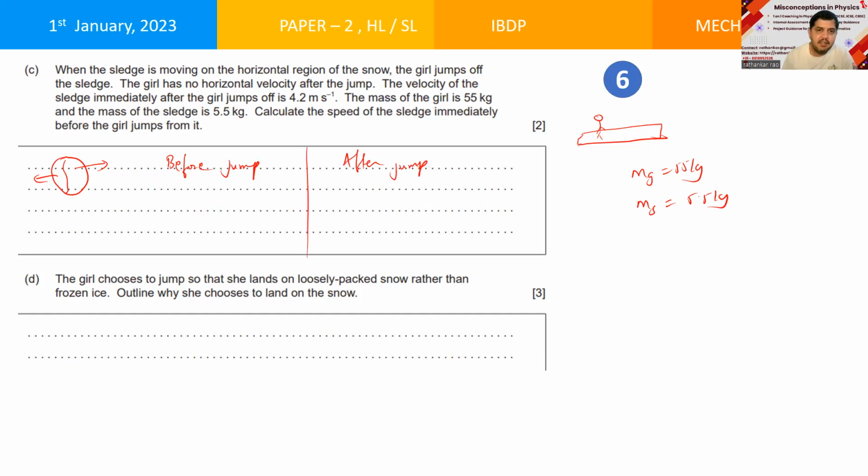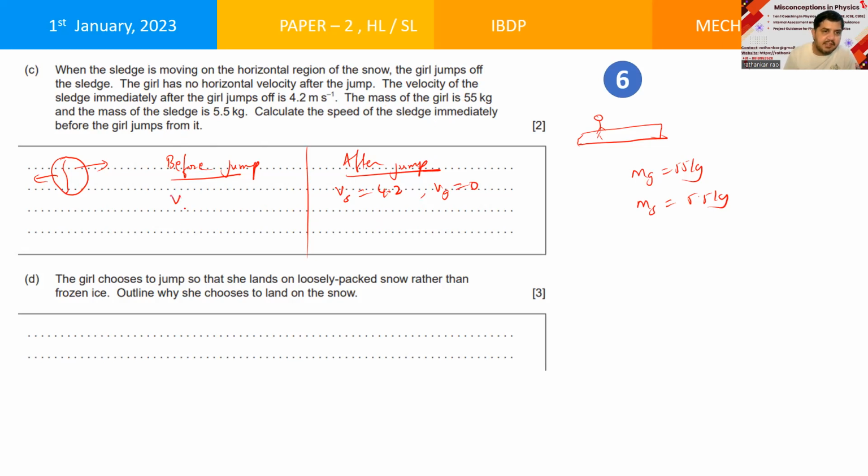Two parts. Immediately after jumping, V sledge is equal to 4.2, and V girl is equal to 0. Then the mass of the girl is 55 kgs.